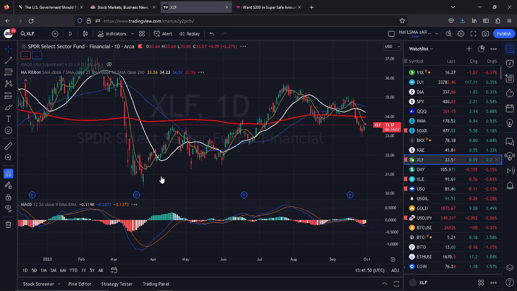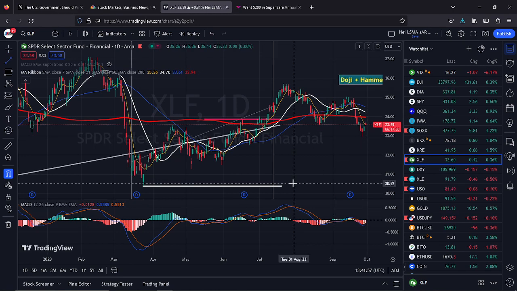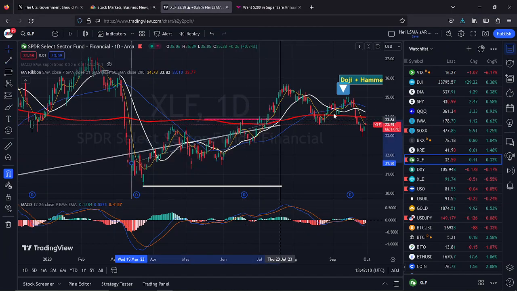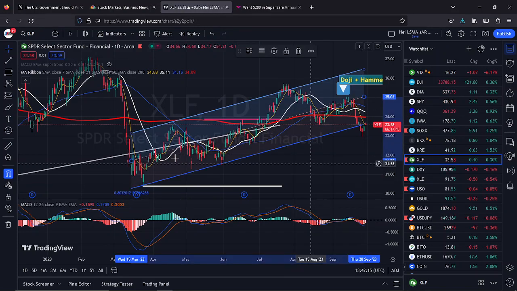Financials, you can also draw a nice support line across into here, pretty much. Even extend this. This trading channel, regression channel across.